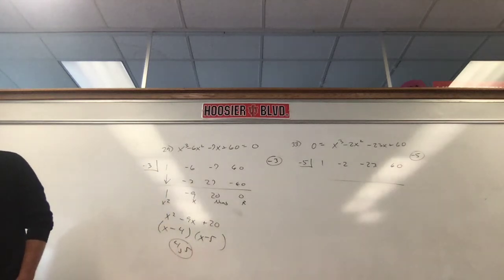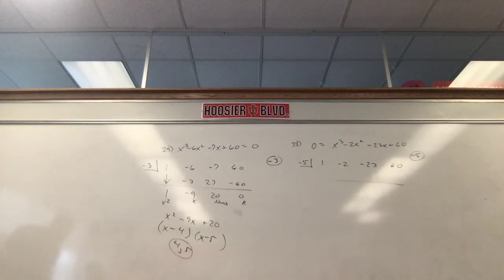Drop the 1. Go to -2. Okay, -5, -7. Oh, that's 12. -23, 35 is 12. And 12 times -5 is -60. Which is good because it's supposed to be 0.